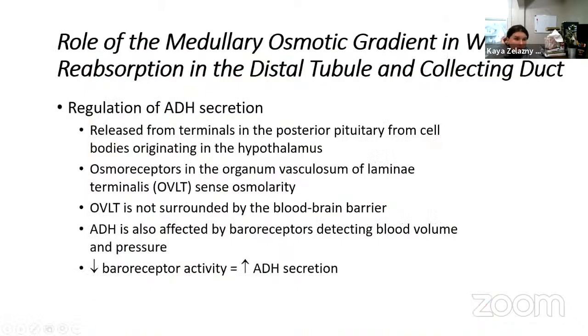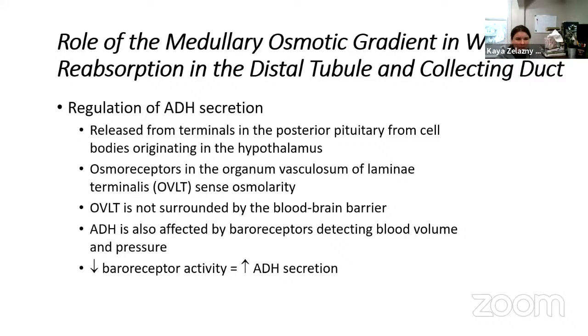Okay, so the way that ADH gets into the plasma is through the endocrine system. So specifically, it's coming from the posterior pituitary, which we remember is up in our brain. Now, when we talked about the posterior pituitary, we talked about the fact that there's an anterior pituitary, the front half, and posterior pituitary, the back half of that gland.